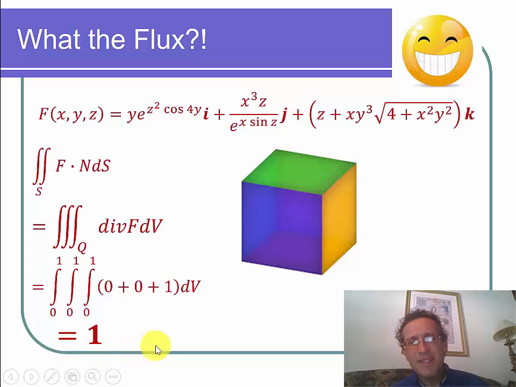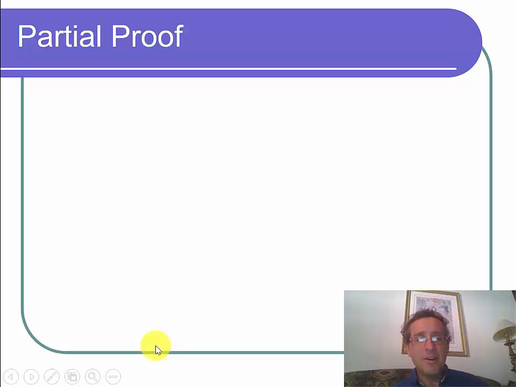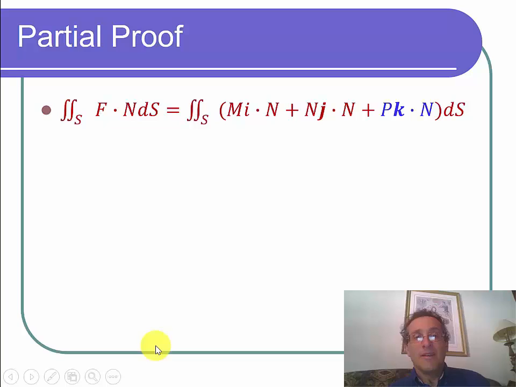So the next step is to say, why does the divergence theorem work? Let me give you a partial proof. Let me remind you that the left-hand side of the divergence theorem is the surface integral over S of f dot n dS, and we can think of f in differential form.